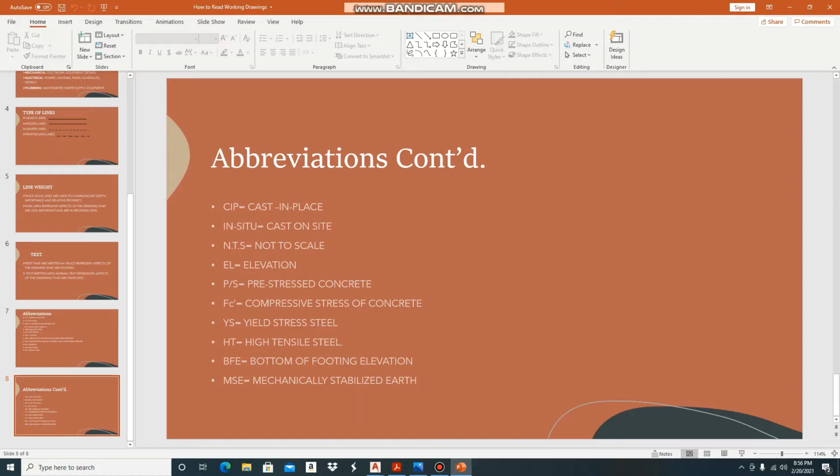You more see these on plans that have to do with bridges or industrial or commercial buildings. I just want to point these out to you. So this sums up abbreviations. If in the event that I come across any more that I think are worthy, I will bring those to your attention as well. So without further ado, I'm going to go into my main topic of discussion, which is reading your foundation plan.